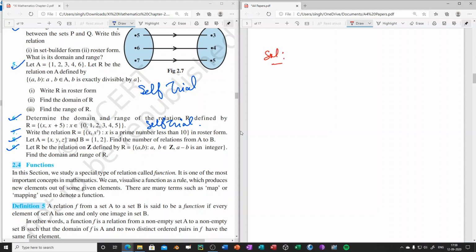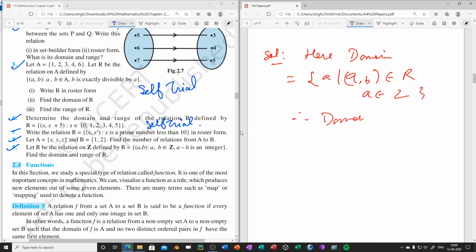Therefore, we can say, question number 9. Here, domain equal to the collection of all a such that (a, b) belongs to the set R, and here a belongs to Z. Therefore, we can say that the domain is nothing but the set of integers.